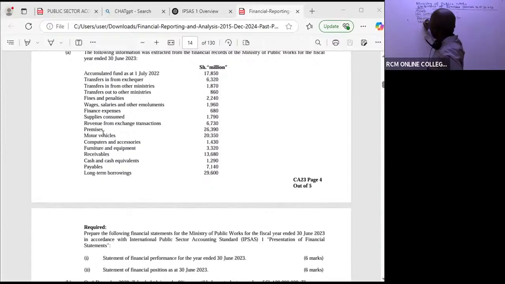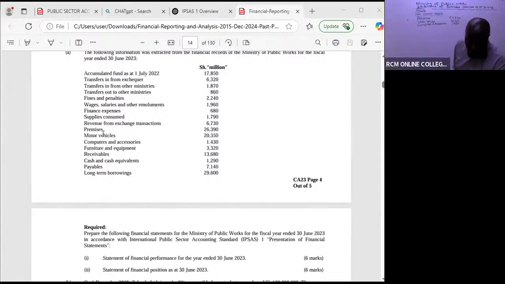Motor vehicles, 2350. Then, ladies and gentlemen, we have computers and accessories, 1430. Hope you're able to see computers and accessories, 1430.